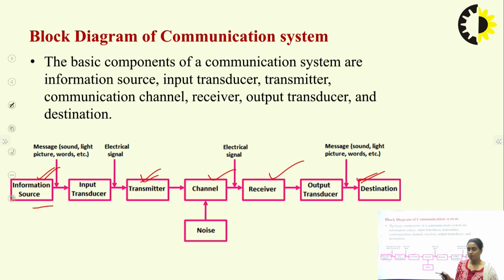So, the job of a transmitter is to check the characteristics of the input signal and match it with the available channel. It checks whether the channel can process the signal, whether my channel is able to propagate this signal as it is. If not, what all necessary alterations are required?